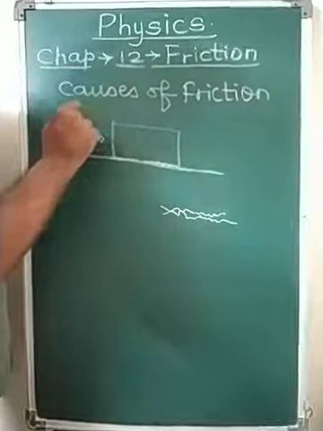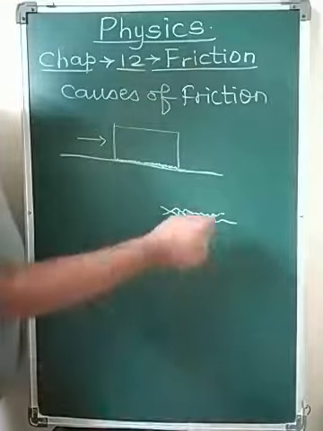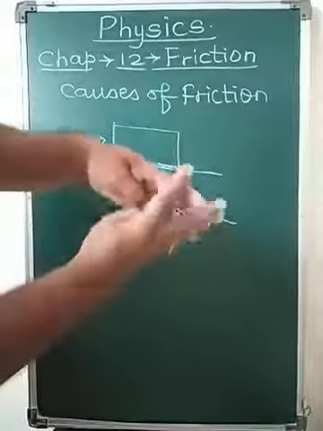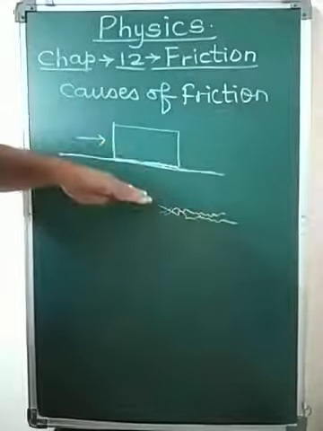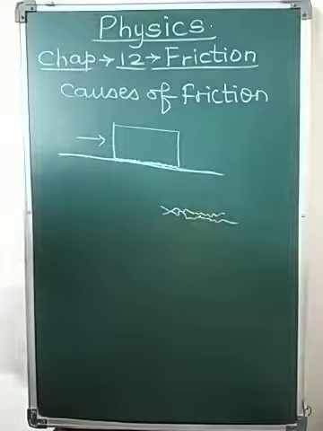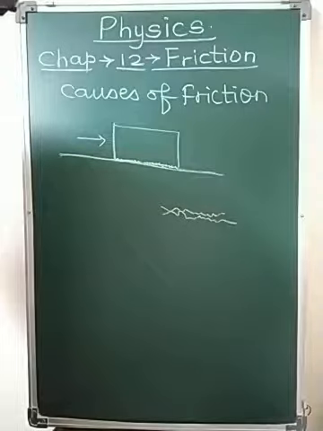So what is the cause of friction? We call these grooves and ridges, or roughness and irregularities between the two surfaces, that get interlocked with each other and keep a stationary object in a stationary position. Let us read from the book. A rough surface increases friction, whereas a smooth surface reduces friction.